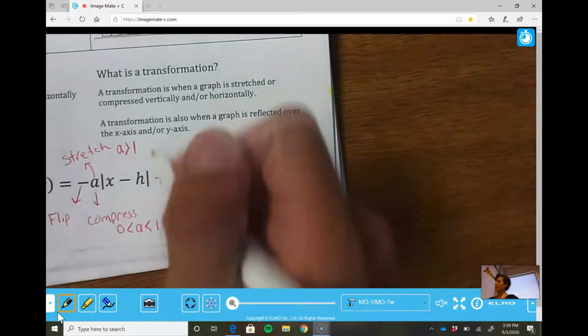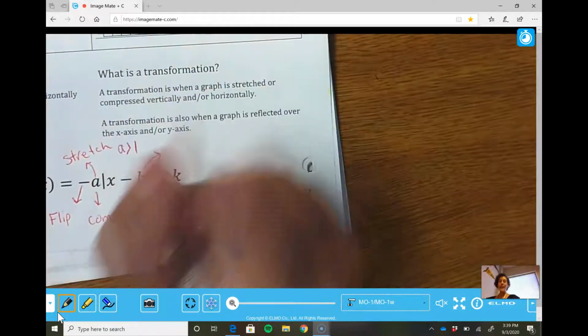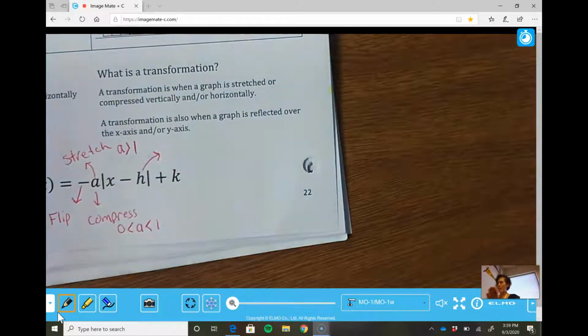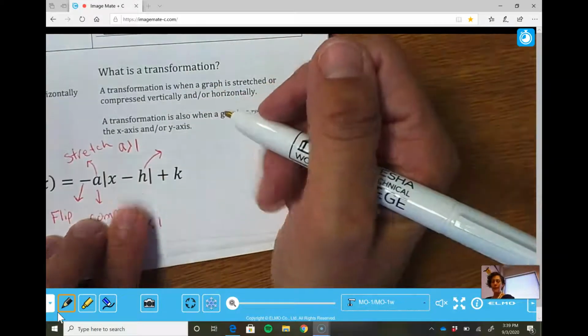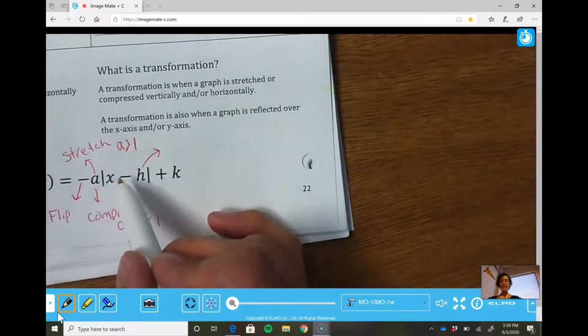All right, H. H, I will from here on say, is in the house. So what's the house? The house are these absolute value bars. When we get into the quadratics, the house is going to be parentheses. When we get into radicals, it's going to be a check mark. So there's always a house. And whatever's in here, don't worry about the plus or minus, but the standard form of this equation is minus.